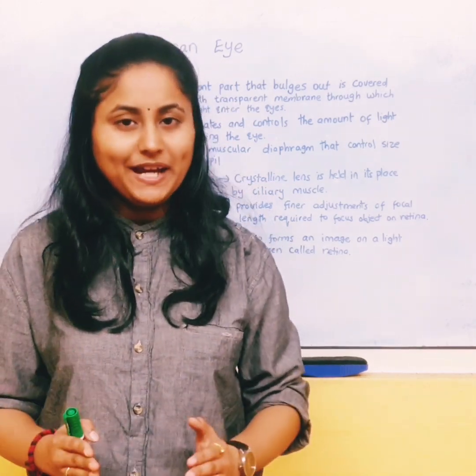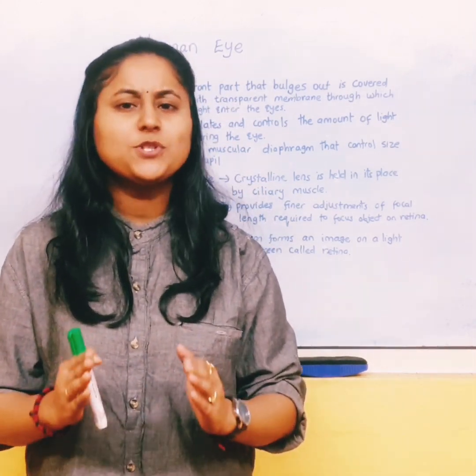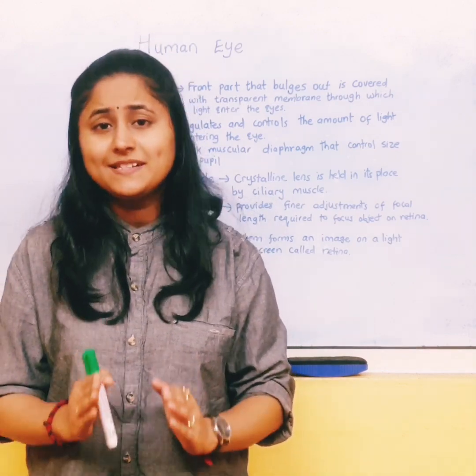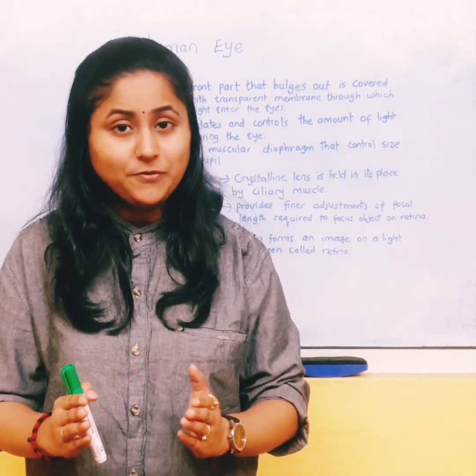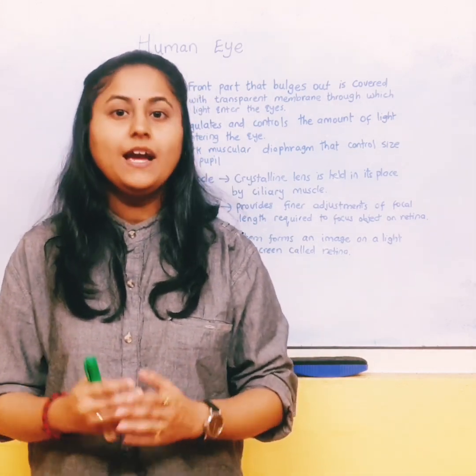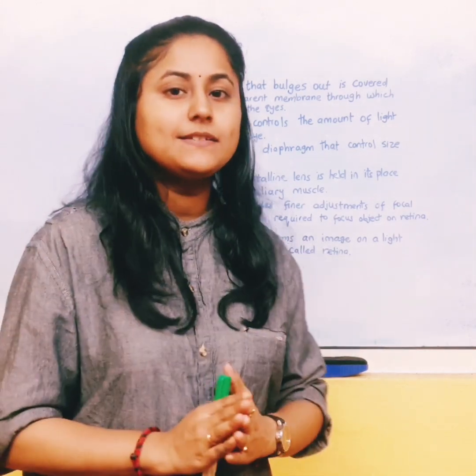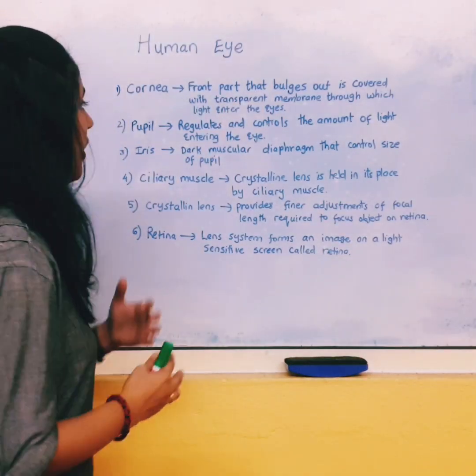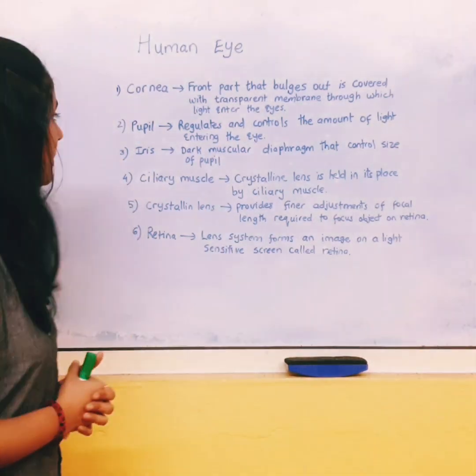We know that the human eye is the most valuable and most sensitive sense organ, because of which we can see the colorful world around us. Now let's understand the different functions of the different parts that we studied.